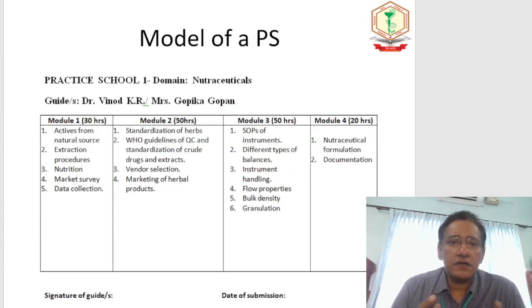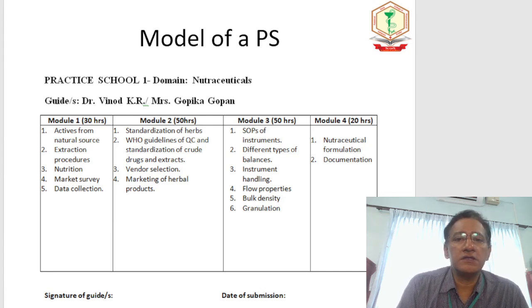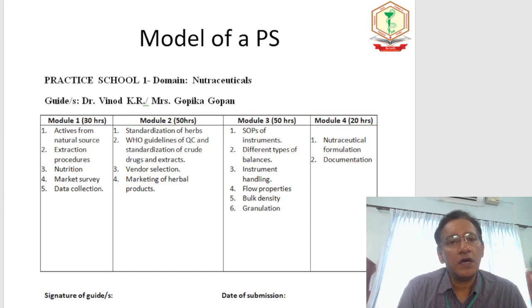See, just for a reference, this is a model of a practice school which comes under the Department of Pharmaceutics. You can see the domain is nutraceuticals, and under the domain we can see several modules. So it is the guide and the students together who decide under each module how many titles should be there and how many modules should be there.